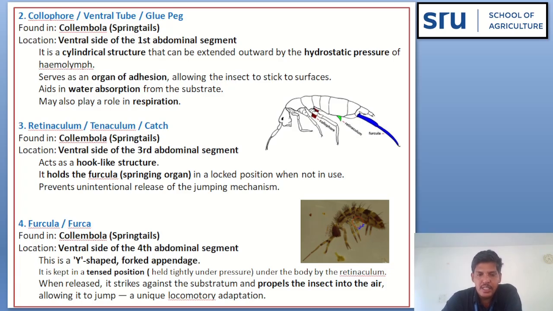It is kept in a tensioned position, meaning held tightly under pressure under the body by the retinaculum. When released, it strikes against the substratum and propels the insect into the air, allowing the insect to jump. It is a unique locomotory adaptation in Collembolan springtails.